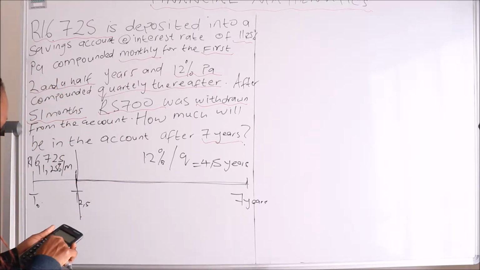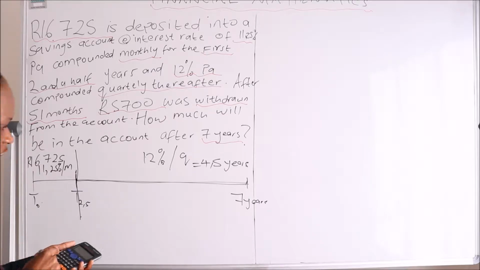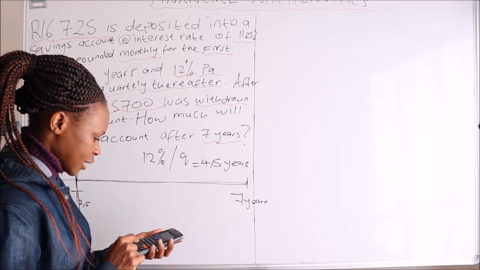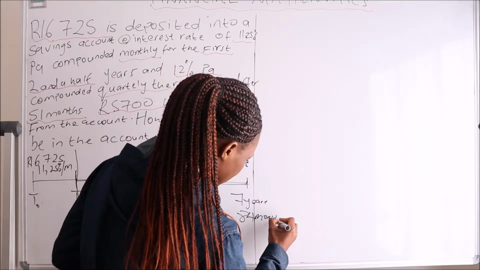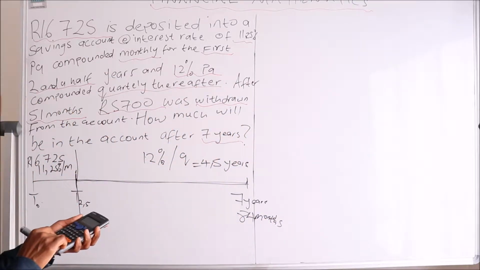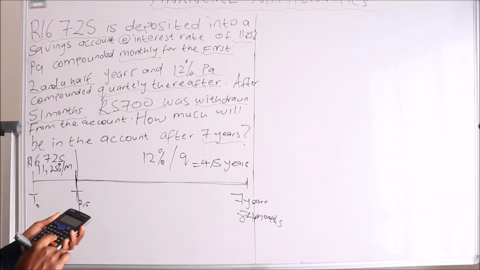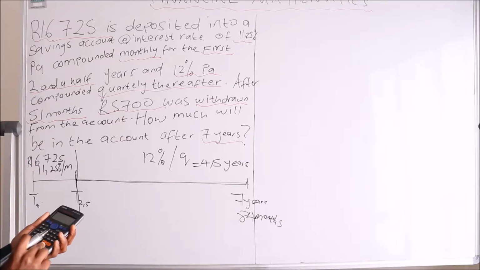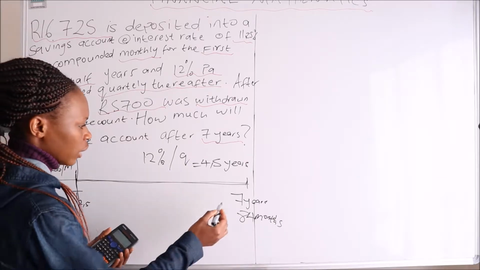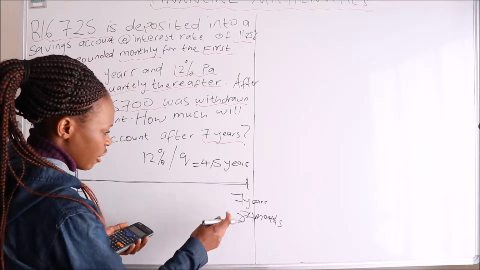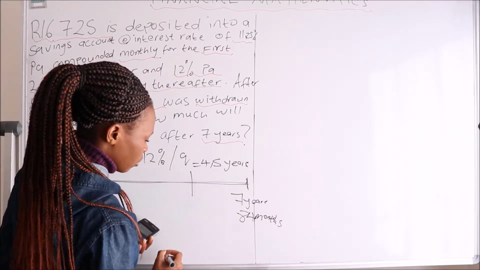Alright, then let's check how many months 7 years has. 7 years is about 84 months. So subtracting 51 months, it is left with 33, and then let's see how many years that will be. So it's when we are only left with 2.75 years from 7 years.